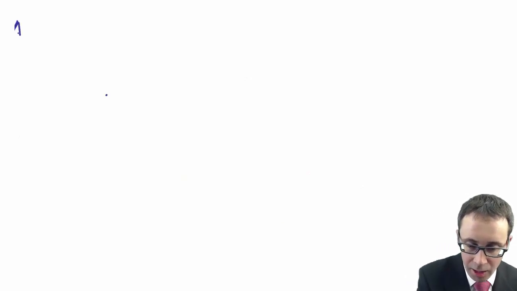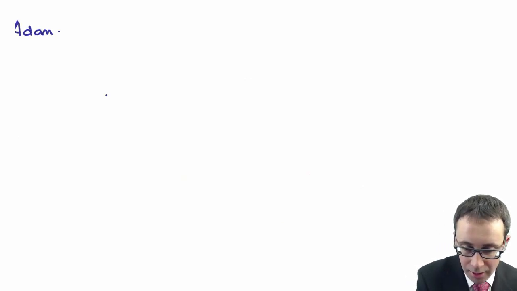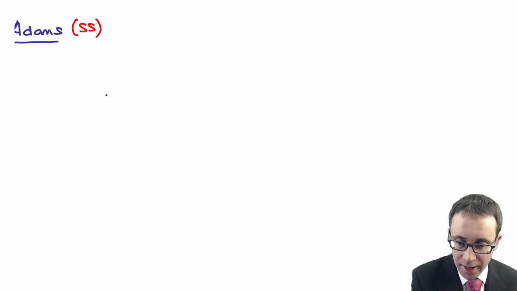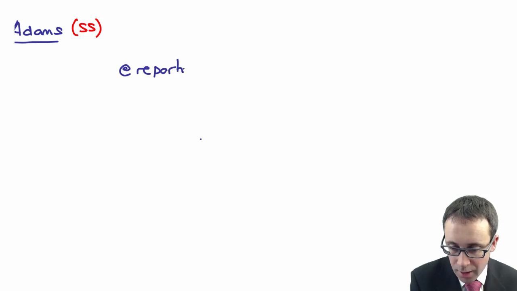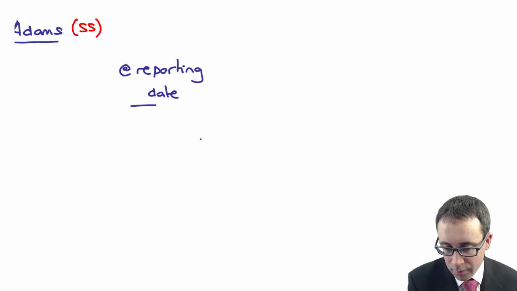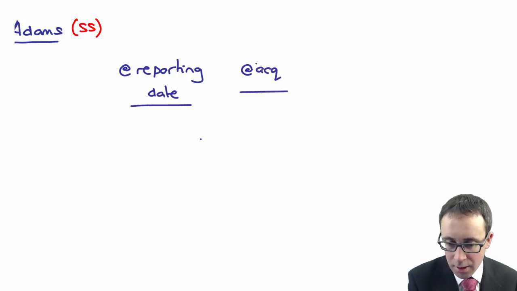Let's go through and look at Adams. Adams is the subsidiary, isn't it? So when we're looking at Adams, we want to go through and look at the reporting date. We want to look at what happens at acquisition.